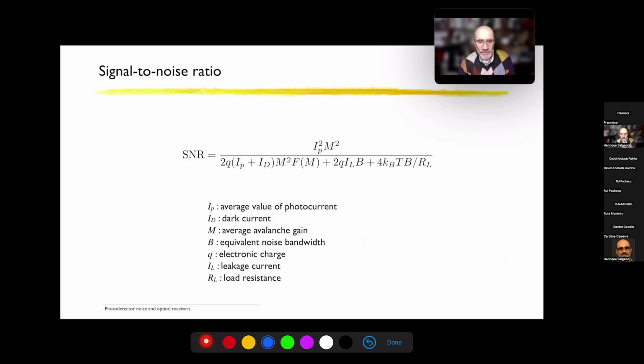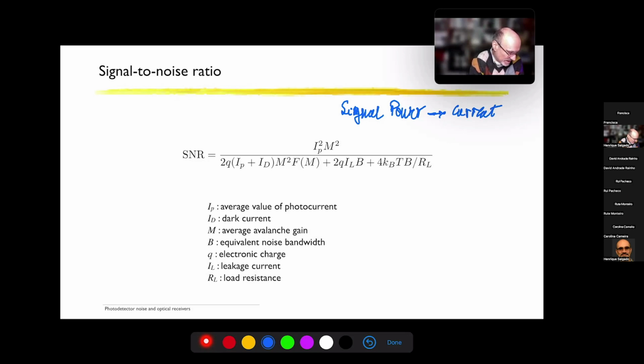And so if we have a certain signal power, which is the optical power of the pulse hitting the photodetector, which gives rise to a current.